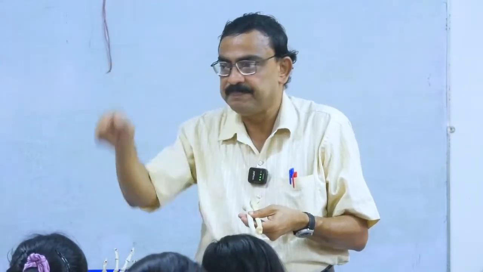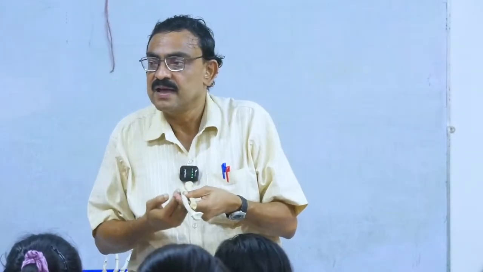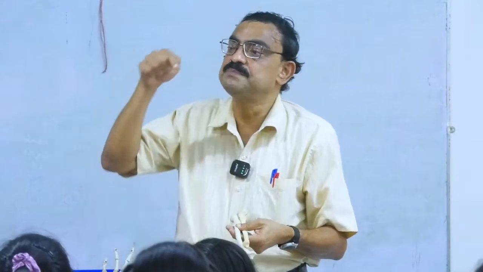Through that gap, the posterior interosseous vessels move and go to the extensor aspect, because this is the flexor aspect and this is the extensor aspect. So the posterior interosseous artery, coming from the ulnar artery, passes through this gap, in between the oblique cord and the interosseous membrane.